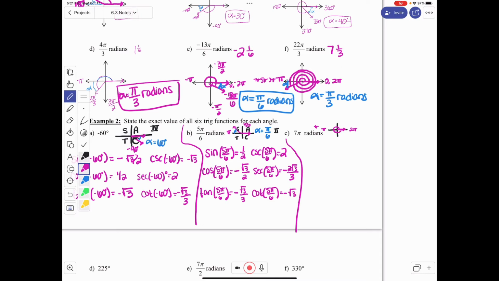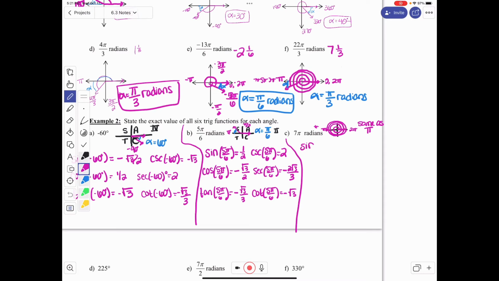Here's 1, 2, 3, 4, 5, 6, 7. So it landed right here, the same as pi. Since it actually landed on the axis, we don't have to worry about our signs. We just look up whatever it is.